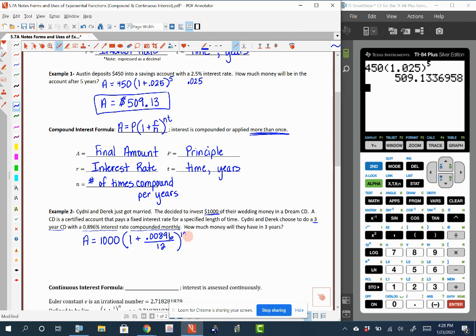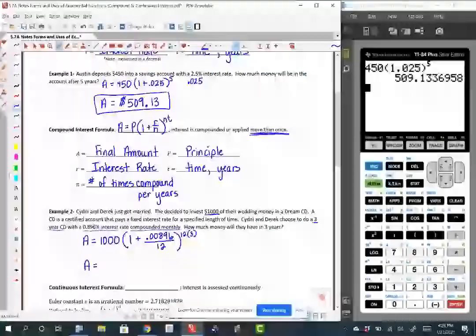So we're doing this for 12 months and we're going to do this for 3 years total, so a total of 36 months. So let's go ahead and put this into our calculator and figure out in 36 months, 3 years, how much money we have.